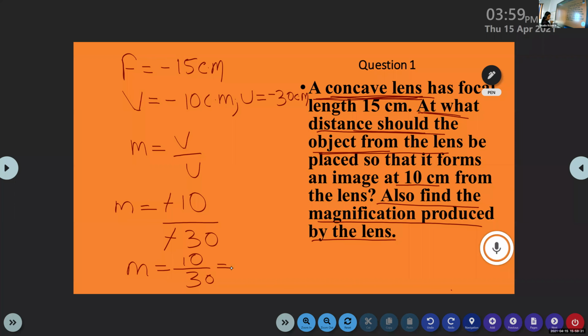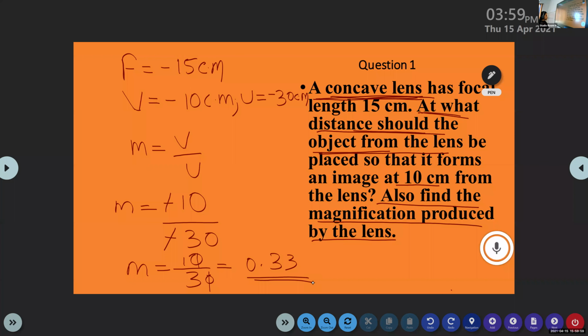What is 10 divided by 30? 1 by 3. Yes, 1 by 3 means we get 0.33. M is equal to 0.33. Does the magnification have any unit? Magnification doesn't possess any unit.